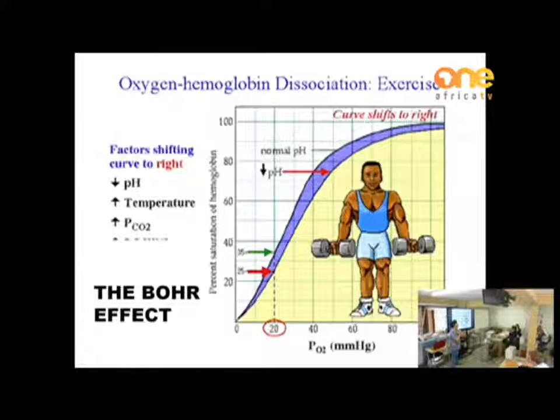I need more oxygen because the respiring muscles need more energy, and therefore the rate of respiration increases. That releases more carbon dioxide, that changes the chemical environment in my cells. And now all of a sudden it moves to that side.